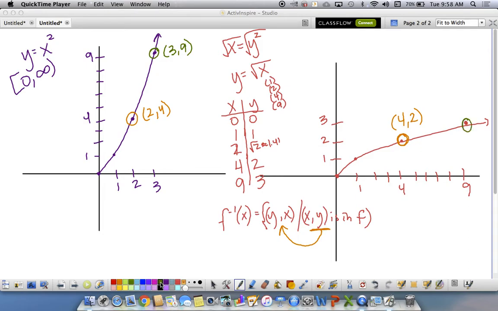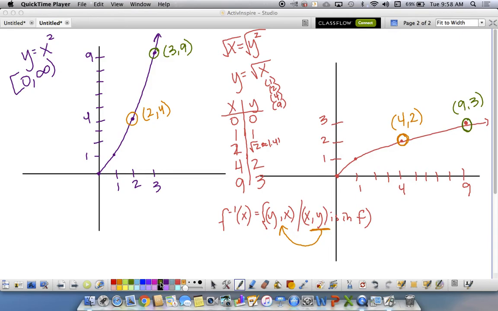What is this point right here? 9, 3. So I can give you a graph with just points, and you can graph the inverse function if you're just given the coordinates x and y. If I had graphed these on the same graph, it would have been a little bit more obvious that they were just reflections across y equals x.